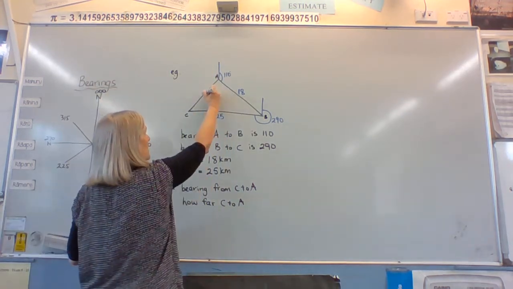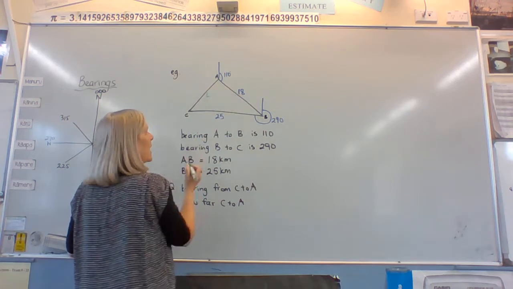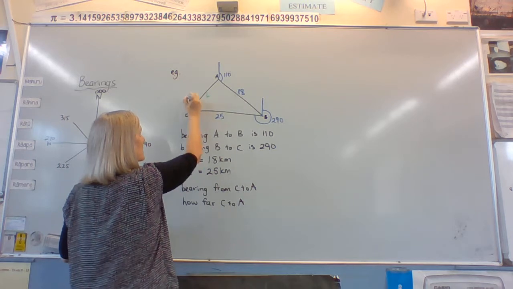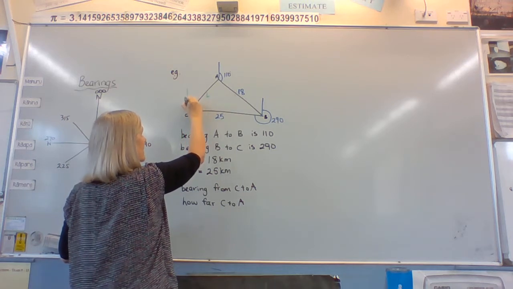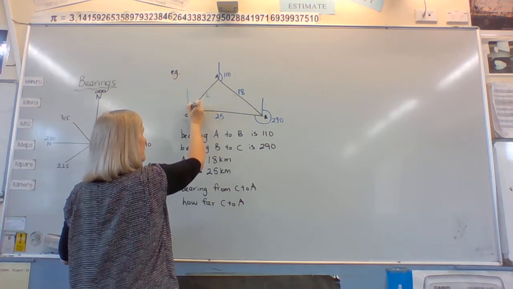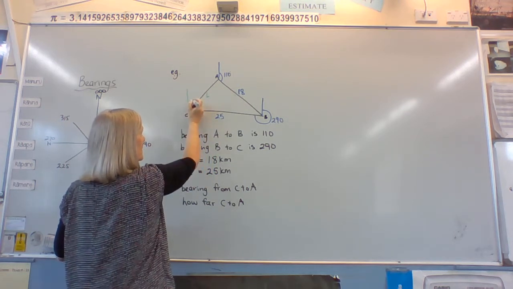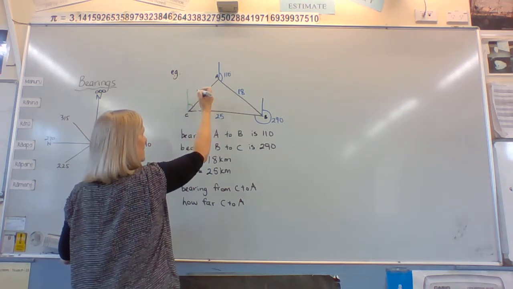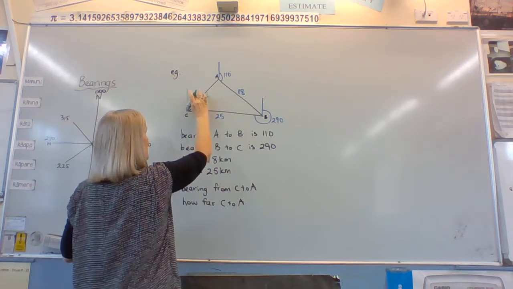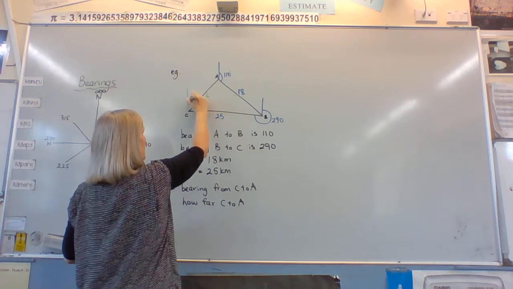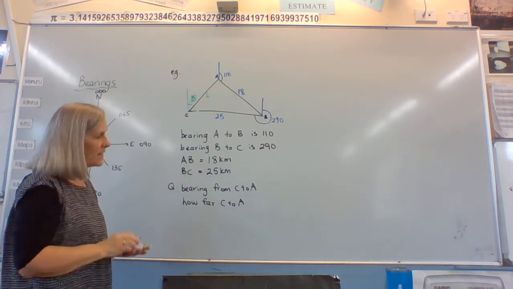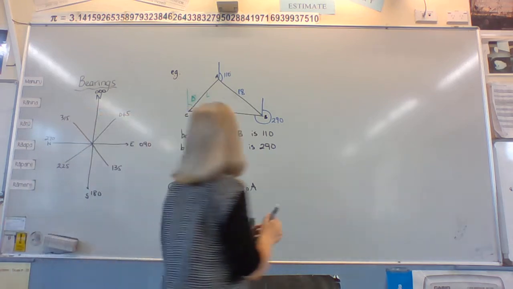What we're trying to find, lastly, is this length. I'm going to call it L, and the bearing from there to there, I'm going to call that B. Oh no, not a good letter. Let's call it D for direction. So I'm going to try and find L and D. I'm going to give you a hint.